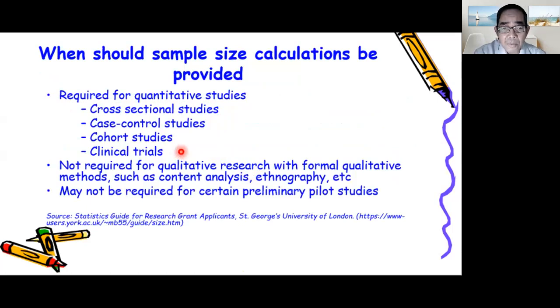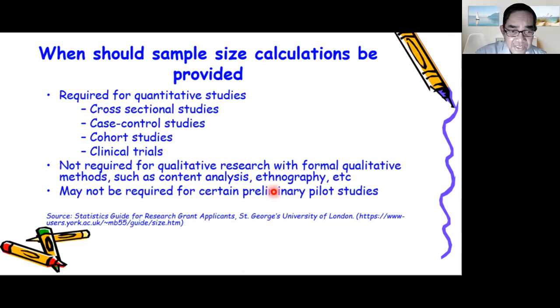So in practically all quantitative studies, sample size calculation is needed. It may not be required for qualitative research with formal qualitative methods such as content analysis, ethnography, and what have you.